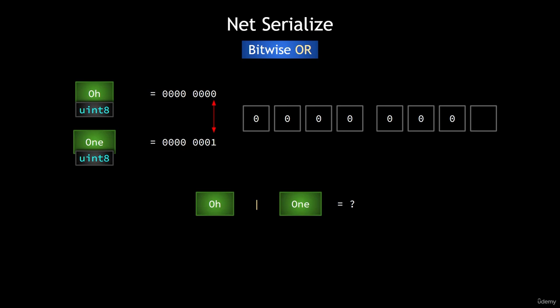In O, it's a 0, and in 1, it's a 1. Now, 0 bitwise OR 1 is going to result in 1. If either one of them is a 1, the result is a 1. So if they're both 0, the result is a 0. So the result of a bitwise OR of O and 1 is this. All zeros with a 1 at the end. That's just the number 1.